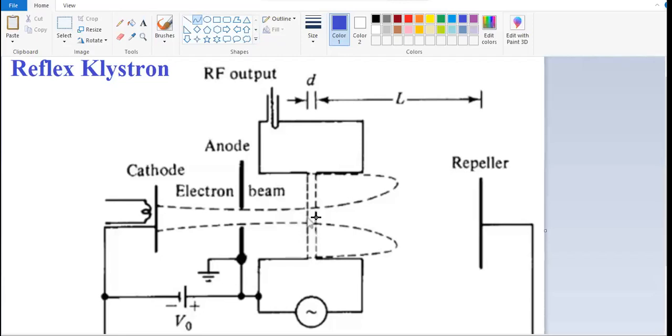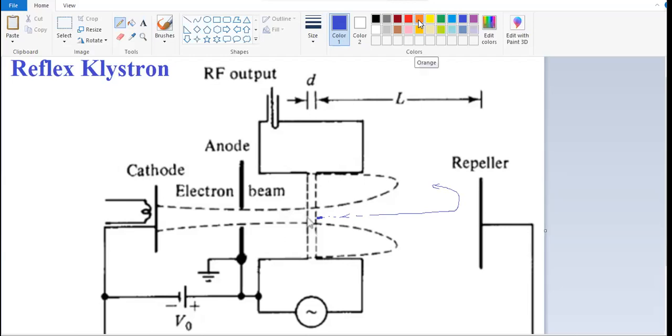The electron with the positive half cycle peak travels this way, goes till this point, and then it repels. Why? Because this electron has greater velocity.